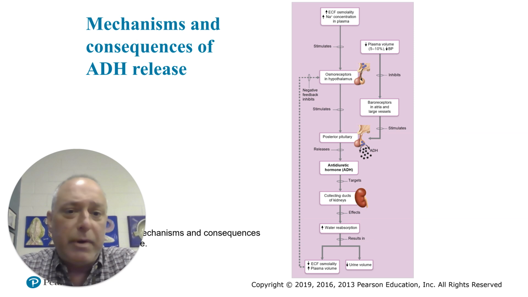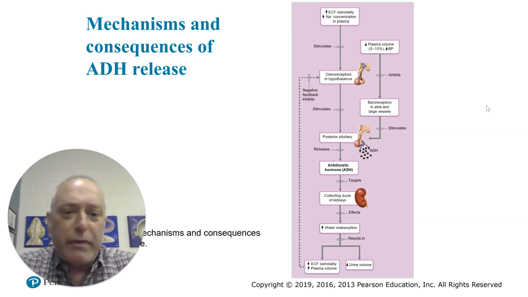But the high sodium stimulates osmoreceptors, which are then going to release antidiuretic hormone. So just imagine that the salt concentration is high. What do you want to do? You want to conserve water to decrease that osmolality back to homeostatic levels. And you're going to do that through decreasing urine volume and the release of antidiuretic hormone from the posterior pituitary.